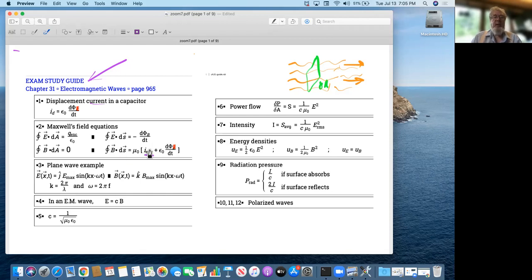Now you see the similarity of that equation to Faraday's law. Here's Faraday's law. And then here are the Gauss's law equations for electricity and magnetism. So these are Maxwell's field equations.